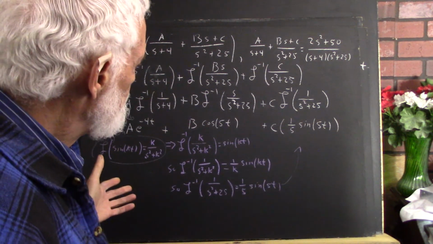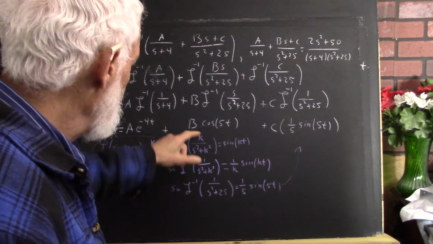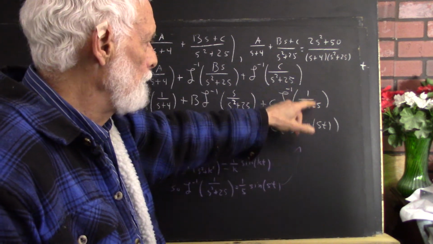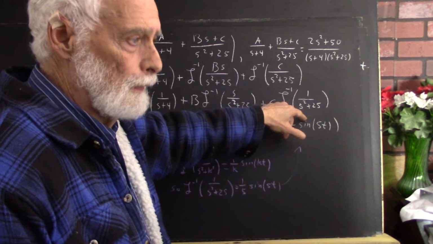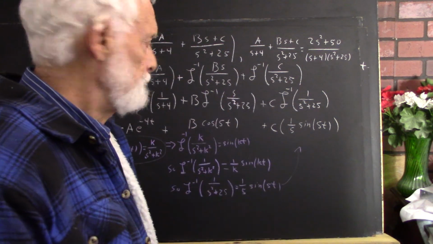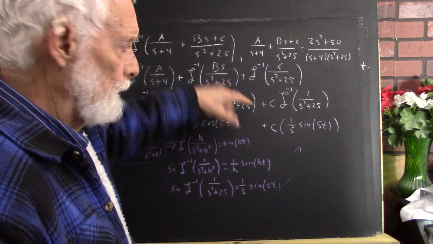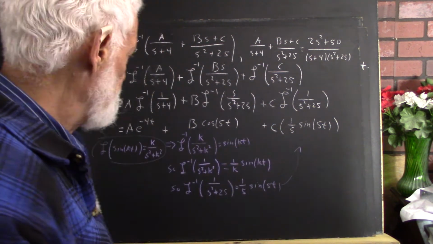So basically, you've got to worry about k when you do the inverse transform of just 1 over s squared plus k squared. With the cosine, you don't have the k up here, and you don't have to worry about dividing by that constant.